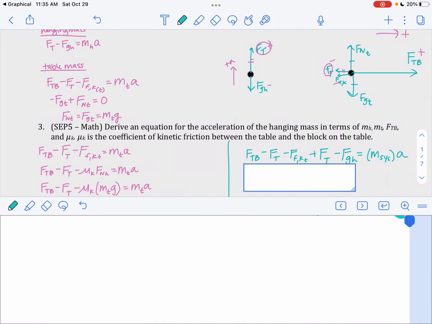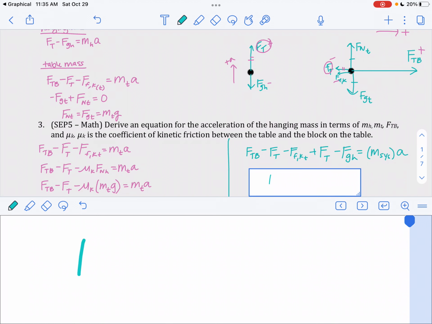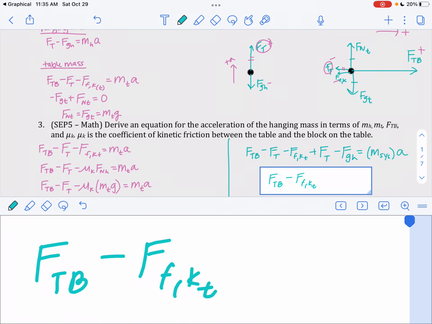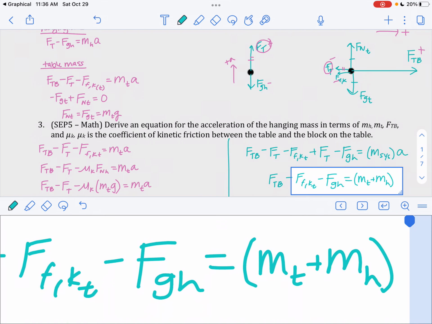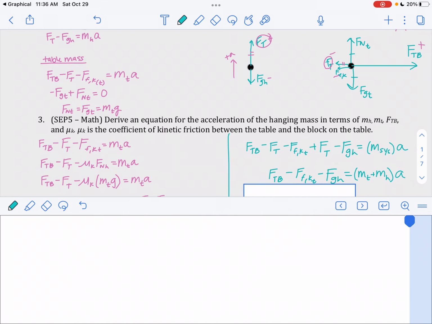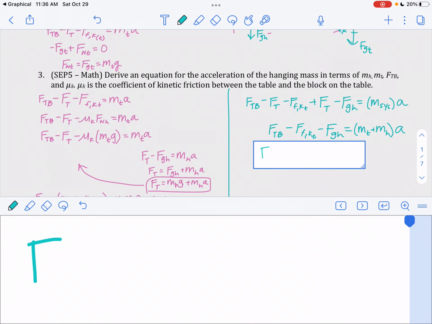So now when I look at this, it simplifies to Ftb. The forces of tension are going to cancel out. So then I have force of friction on the table mass minus force of gravity on the hanging mass. And then the mass of my system is going to be the sum of the masses. And now I can break down a lot of these forces just like I did.